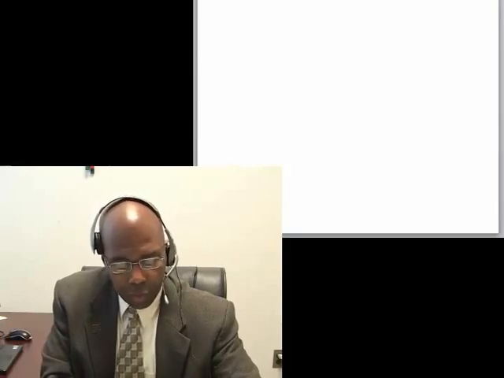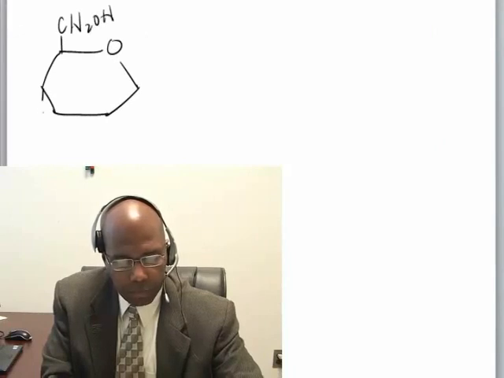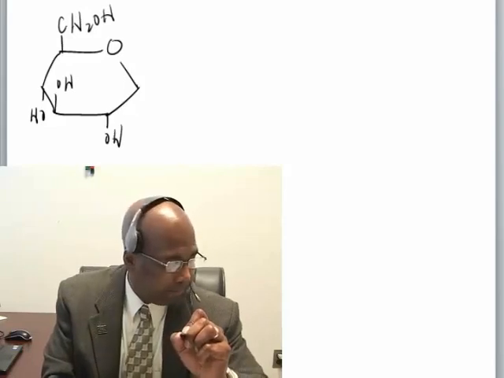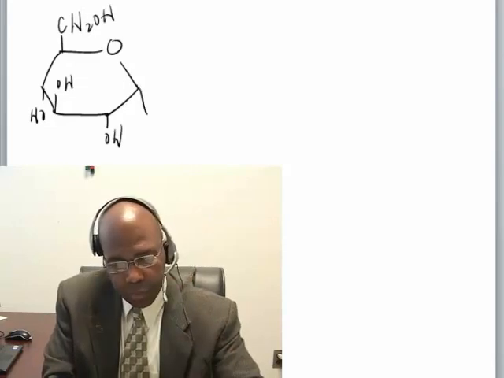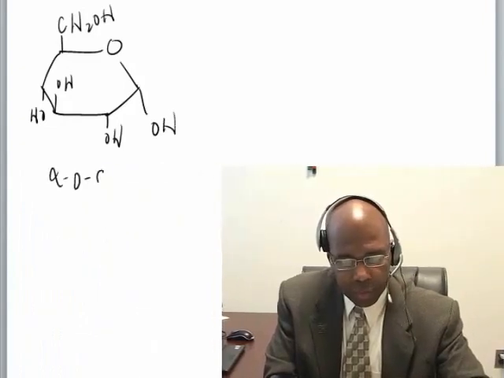Okay, we're going to start here with our favorite carbohydrate, glucose. Up, down, up, down. We'll go down with this one. This will be an alpha linkage, and so this is alpha D glucose.